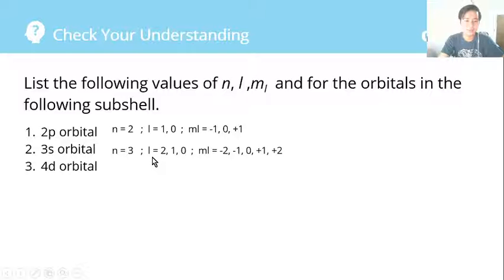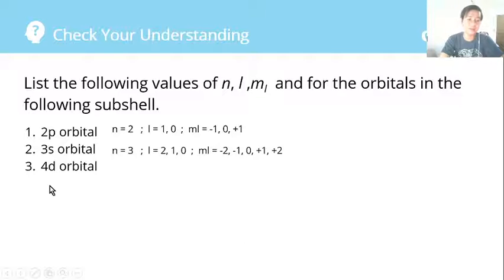L would be equal to 2, 1, 0. Why? Again, the allowed values for L are 0 to n minus 1. Because n is equal to 3, 3 minus 1 is equal to 2, so that will be 2, 1, 0. M sub L would be positive L to negative L. Because the highest number is 2, that would be negative 2 to 0 to positive 2.